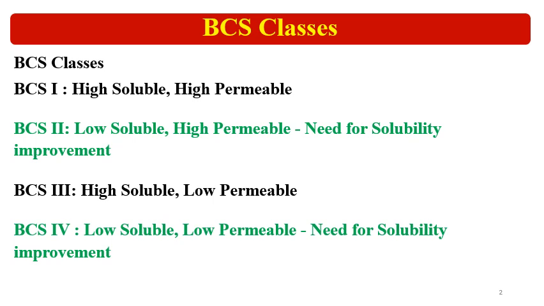That's why BCS class 4 drugs are required to be improved for solubility. Once the solubility is improved, there will be more absorption, and that's why the bioavailability will get increased.